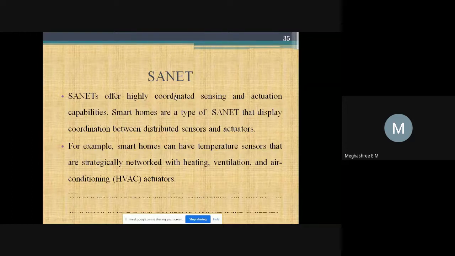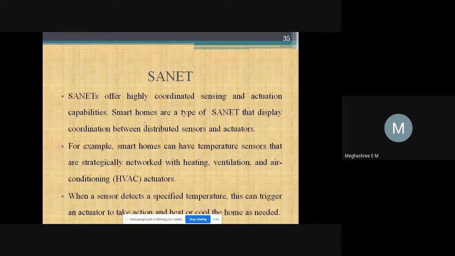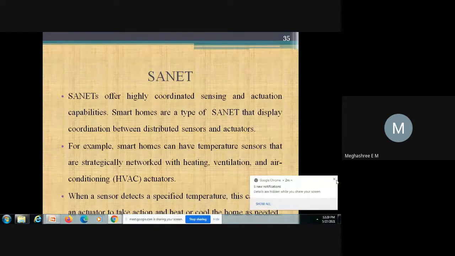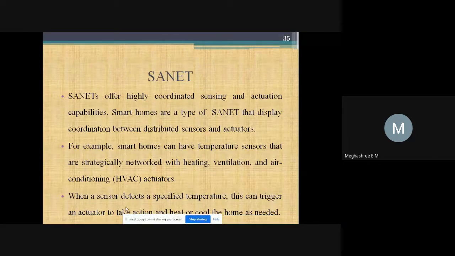That is one example. When it crosses the specified threshold temperature, this triggers an actuator to take action and heat or cool the home as needed. That is how it works.